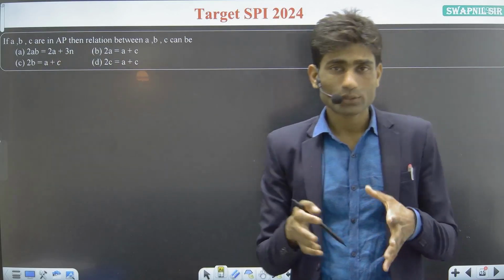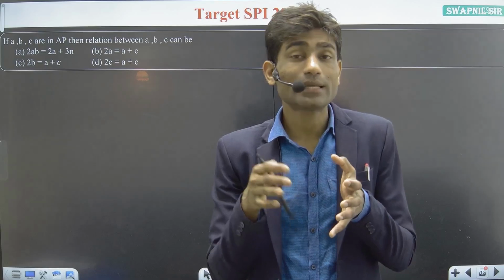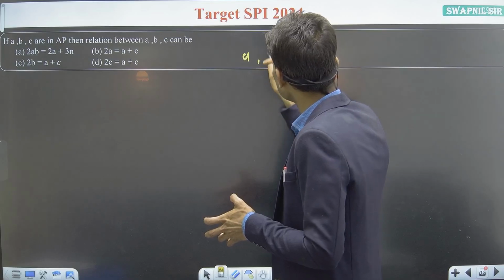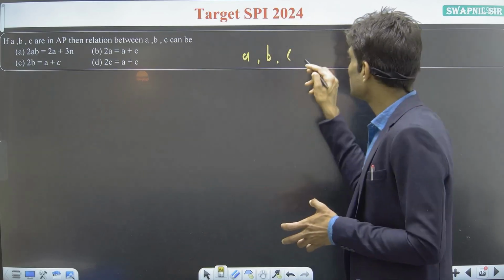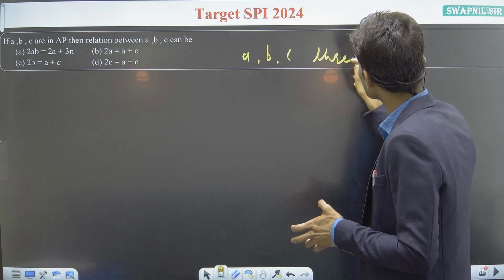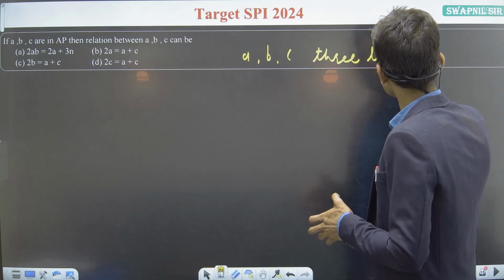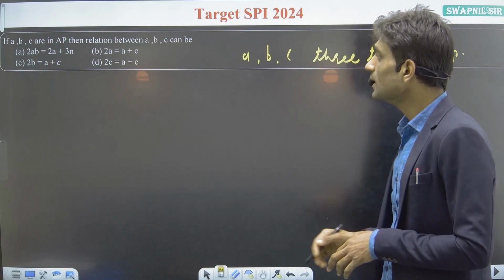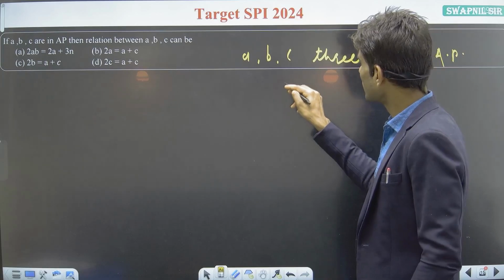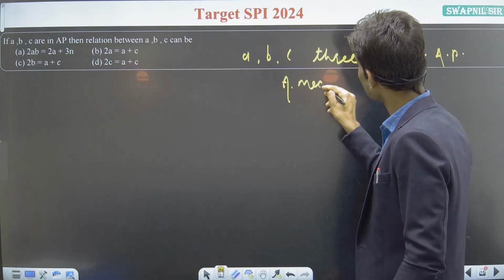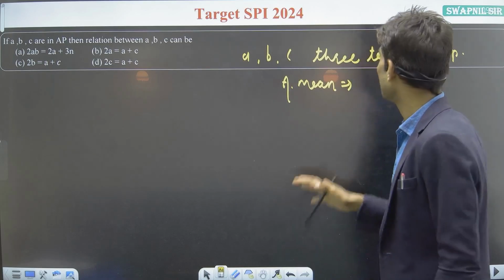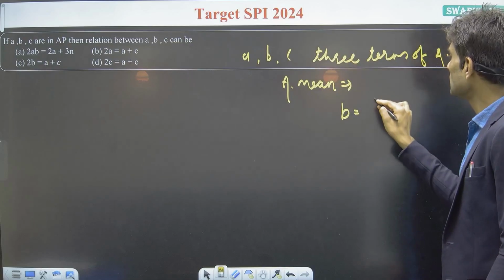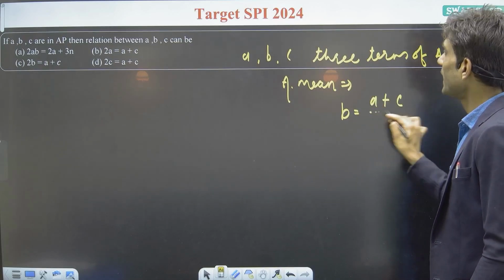Actually, this one is the standard form for arithmetic mean. We know the arithmetic mean for 3 terms. If I have A, B and C as the 3 terms of an arithmetic progression, then we write their arithmetic mean as the middle term, which is equal to the first term plus the last term divided by 2.